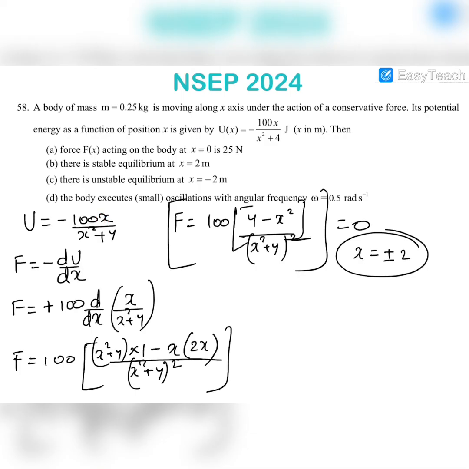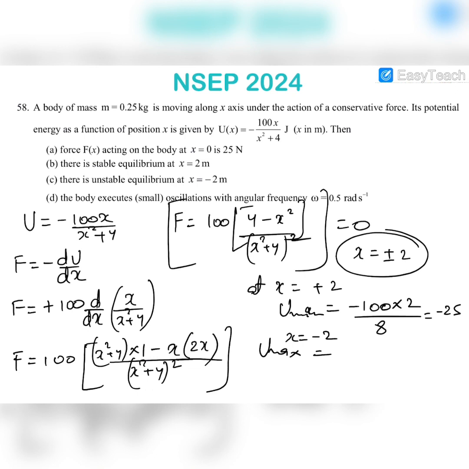So at x is equal to plus 2, U is minimum, and that is equal to minus 100 into 2 divided by 8. So it is minus 25, and U max will be when x is equal to minus 2, so it will be plus 25.